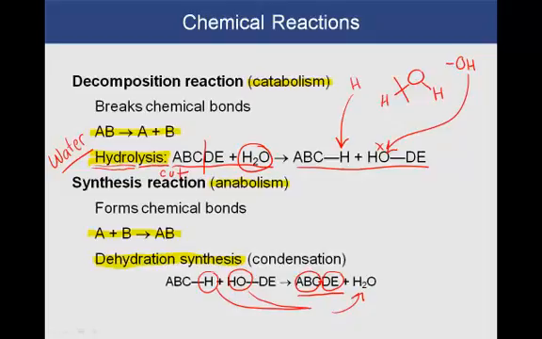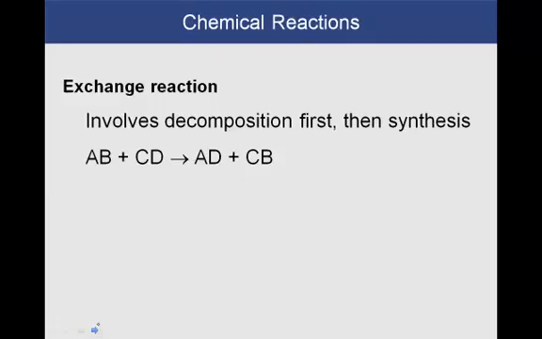This will become more apparent when we start to talk about organic chemistry and building large molecules from the elements that we've been talking about so far. In an exchange reaction, it involves basically two pieces. First, we have decomposition and then synthesis.